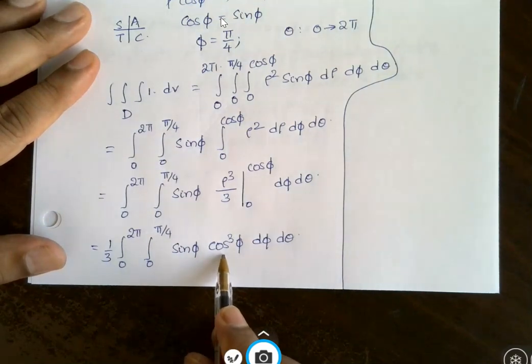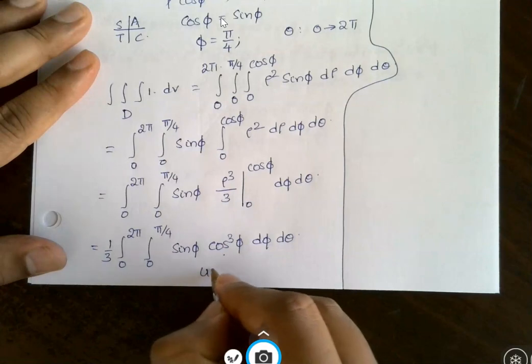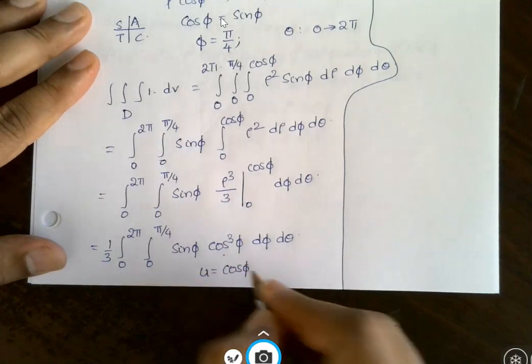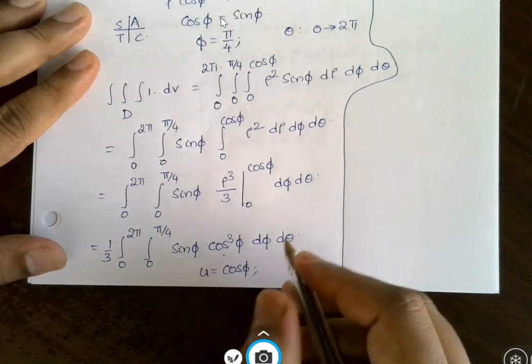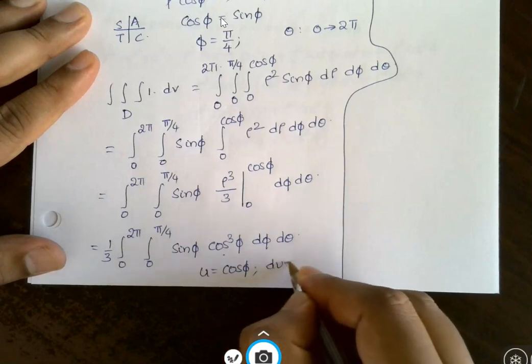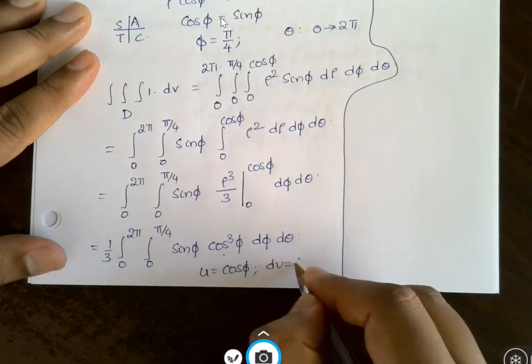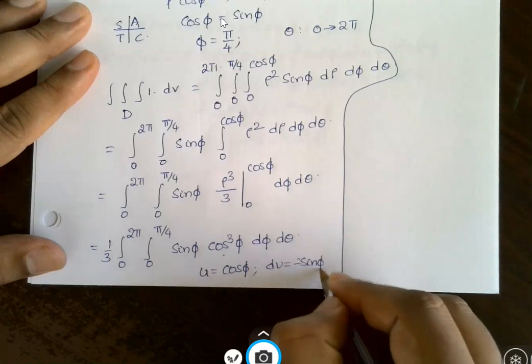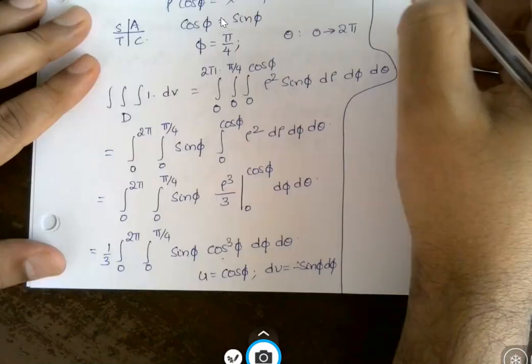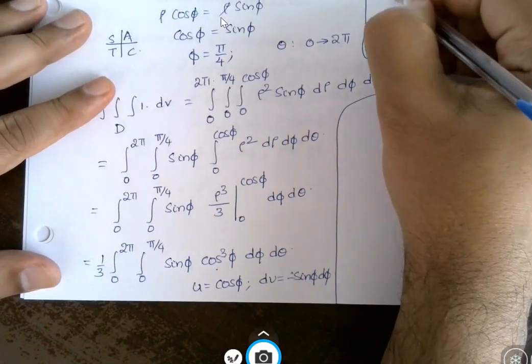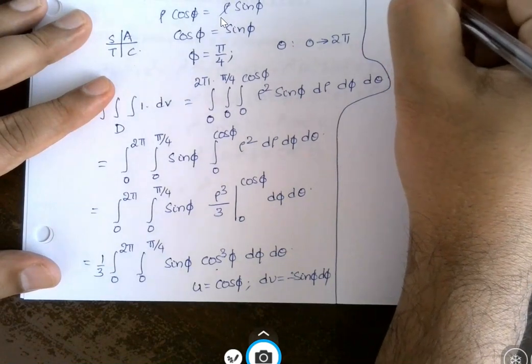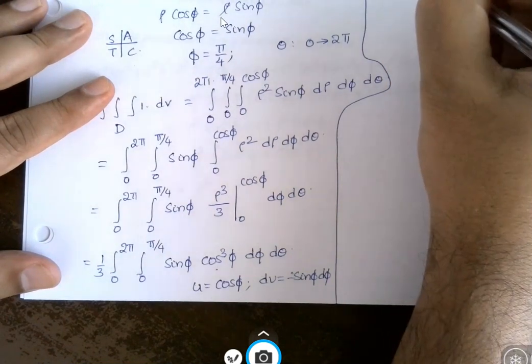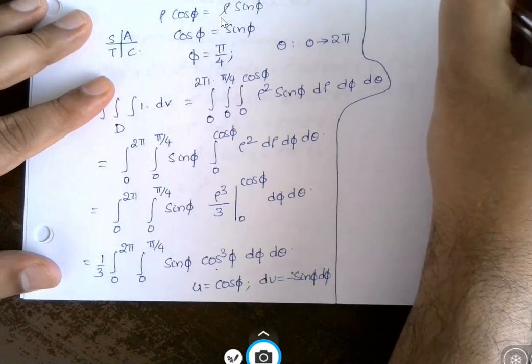So how would you integrate it? Any guesses? It has to be u substitution. You want to say u is cosine phi, so du is going to be negative sine phi d phi. So that means I'm going to integrate cosine cubed phi times sine phi d phi, right?